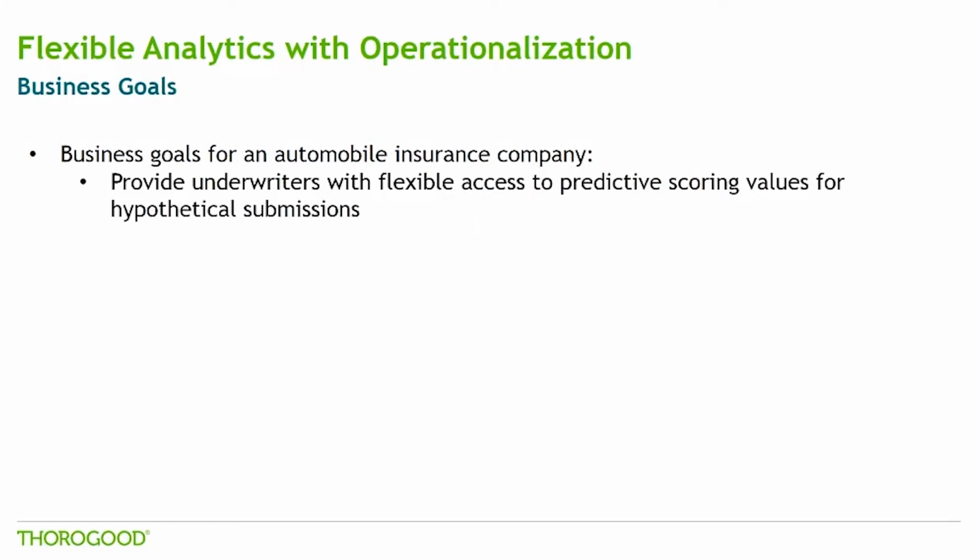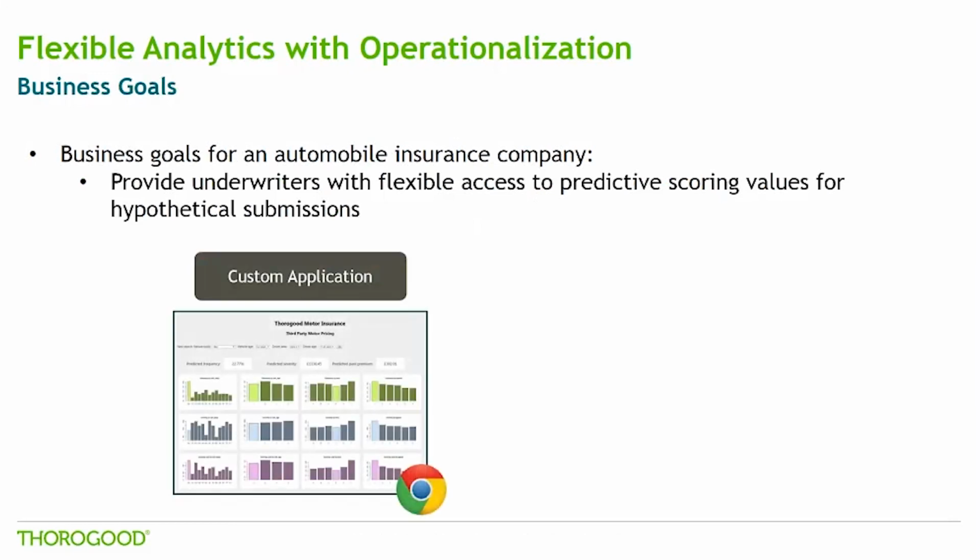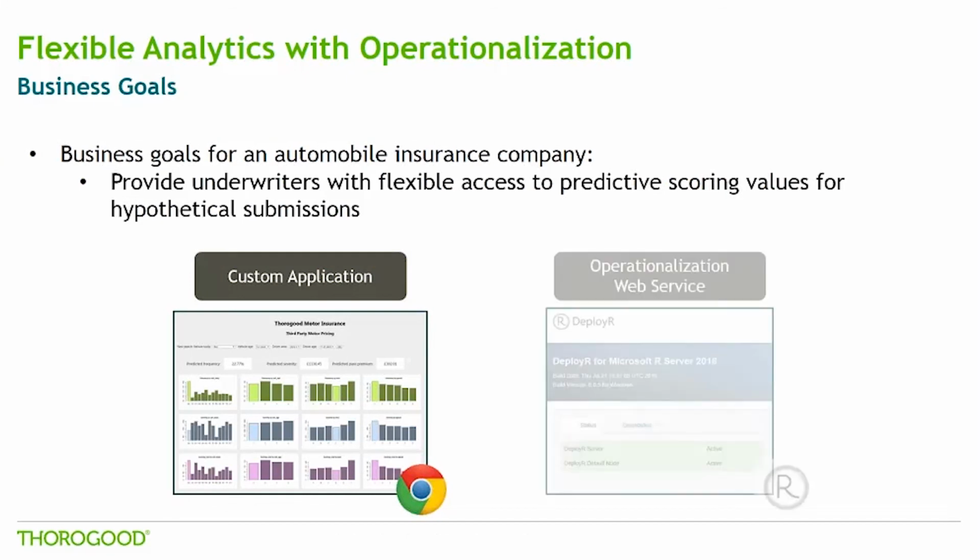The way this is going to work, very simply, is that we're going to have a custom application, in this case a website, and on the other side we're going to have our operationalization web service. You'll notice here that I've featured a Deploy R interface or module, and Scott mentioned operationalization is really the next iteration of Deploy R. We aren't going to get into it in detail, but operationalization doesn't yet have a graphic interface for you to load in your R scripts. It's really all done through something similar to a command prompt.